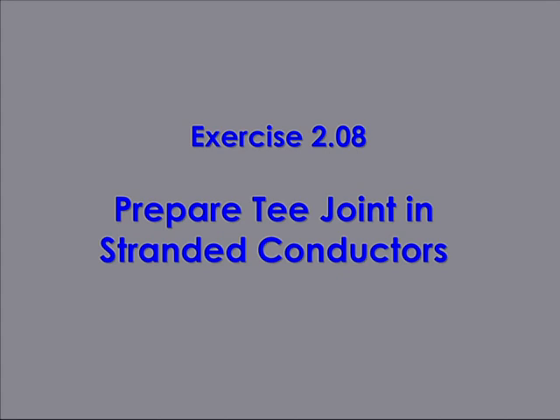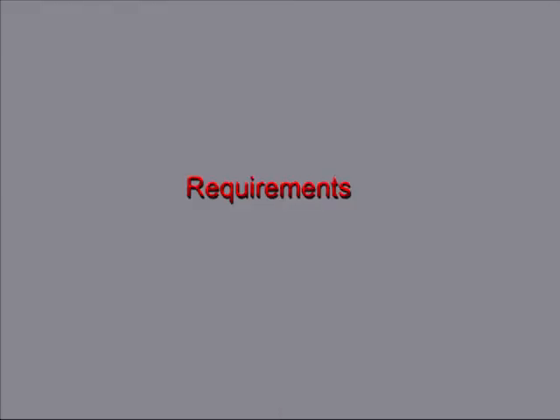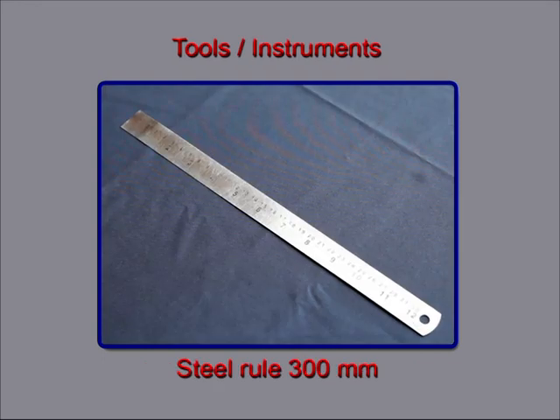Exercise 2.08. Prepare T-joint in stranded conductors. Dear students, at the end of this exercise, you will be able to prepare a T-joint in multi-strand conductors. Requirements: tools and instruments. Wireman's hand tool kit, 1 set. Steel rule, 300 mm.